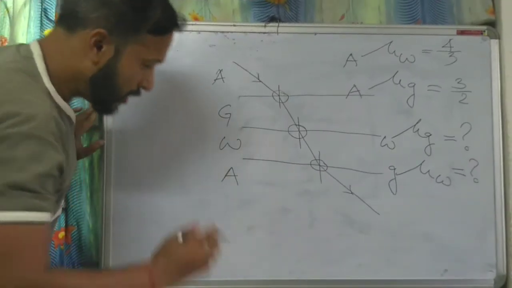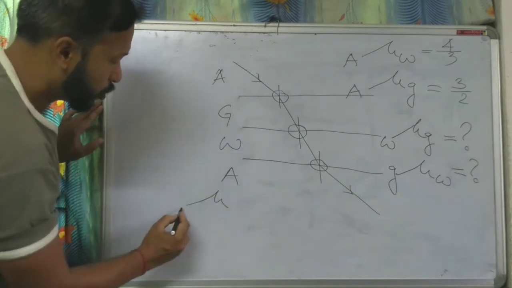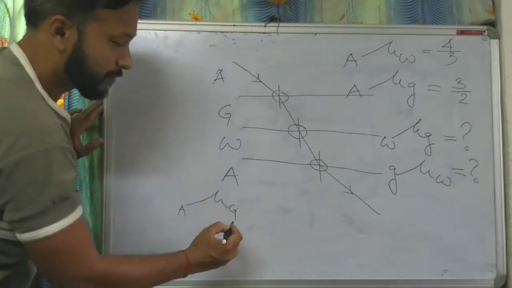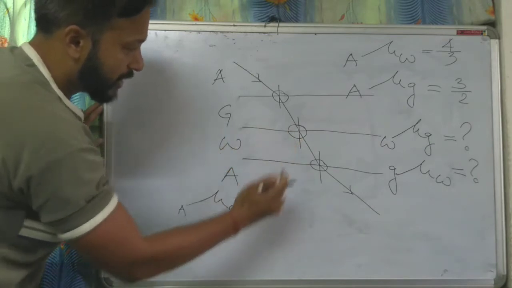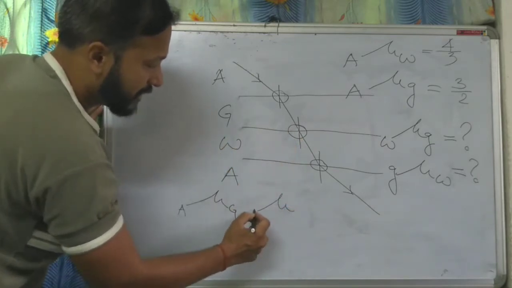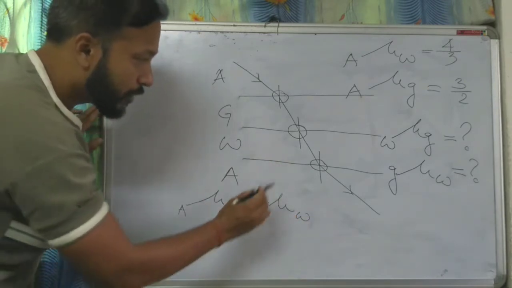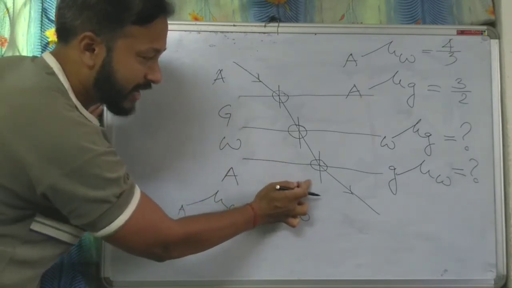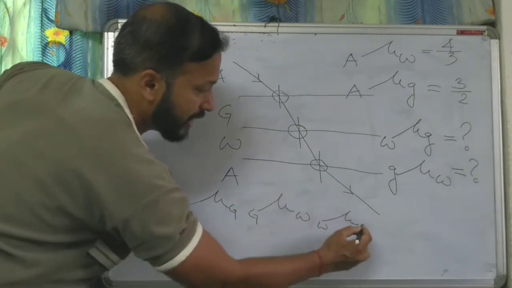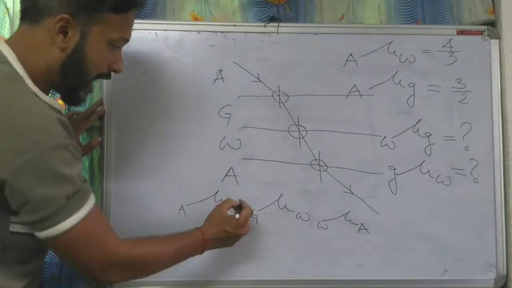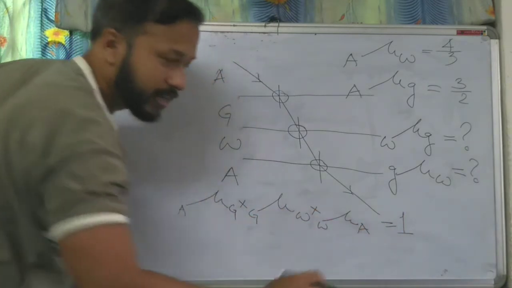What is the formula? Refractive index of air to glass, so air to glass. Now here light is going from glass to water. This is glass, this is water. Here light is going from water to air, so we'll write water, air. And as we know, if we multiply them, we'll get 1.